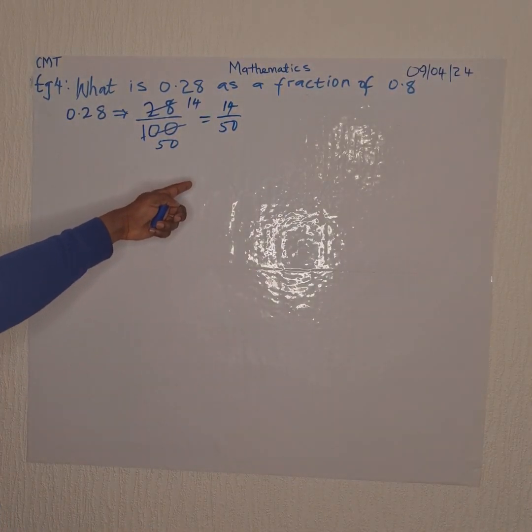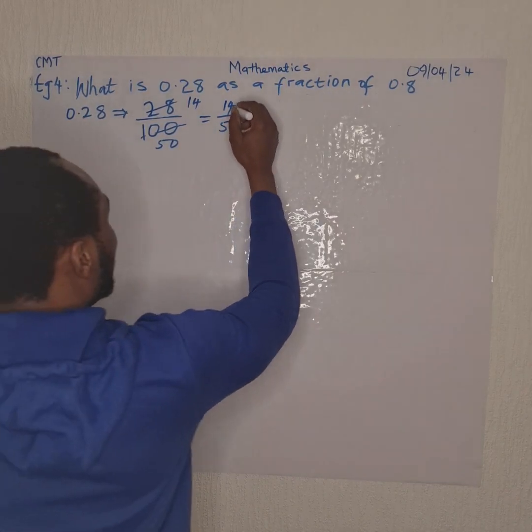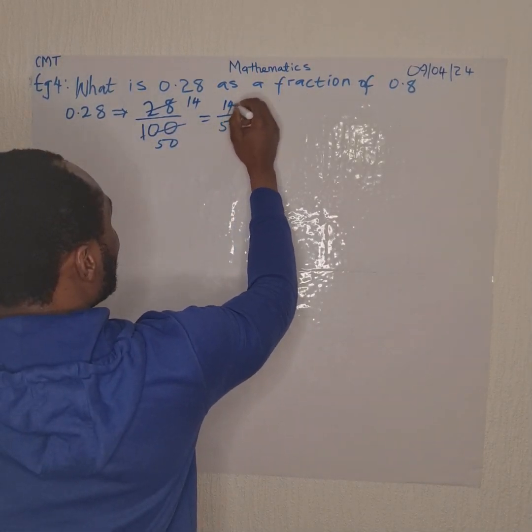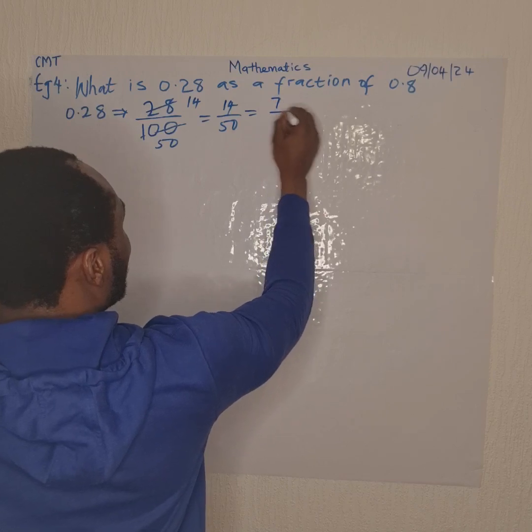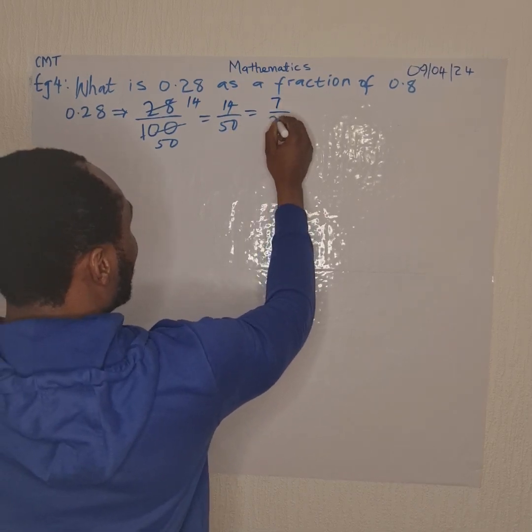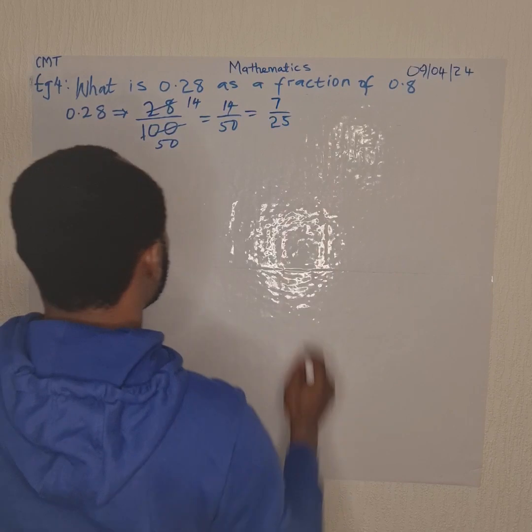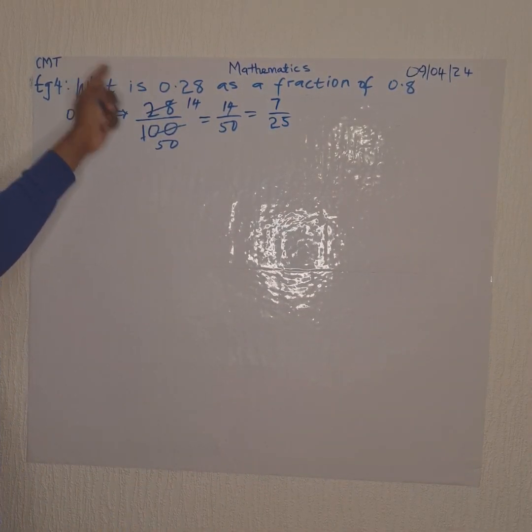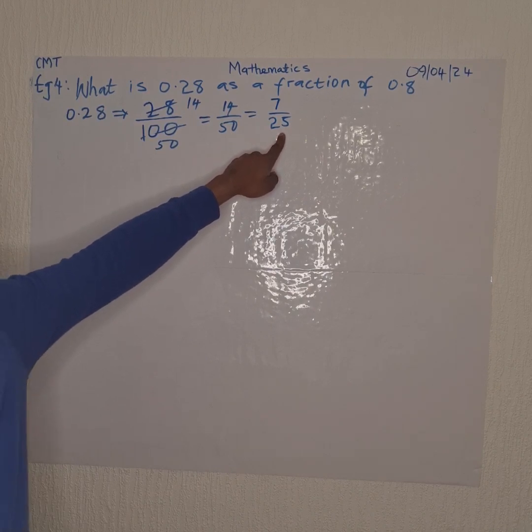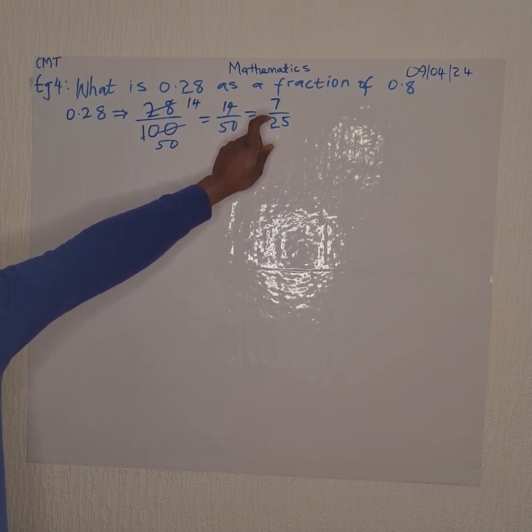But we can divide by 2 again. If we divide by 2, we'll have 7. If we divide by 2, we'll have 25. So 0.28 to fraction is the same thing as 7 over 25. It cannot be further divided.